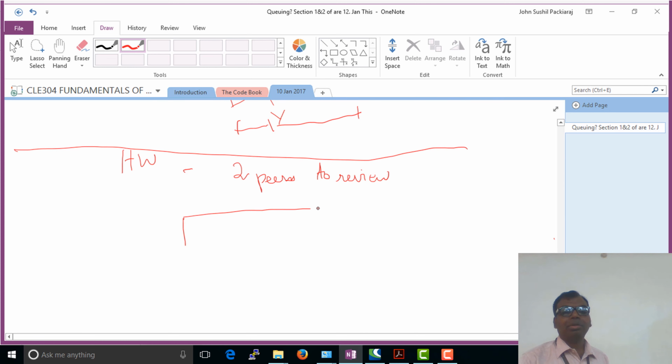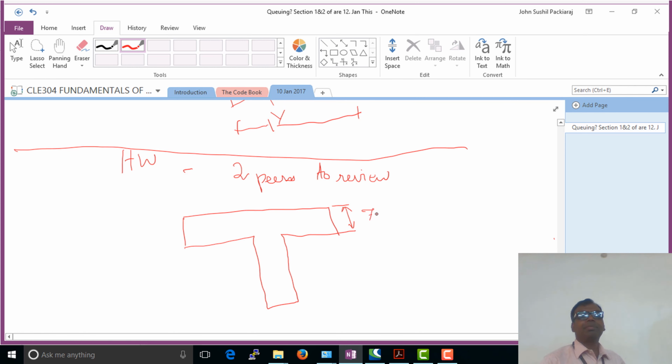So this is a T section, and this distance will be 75 mm. What can I keep this length? 125 will be too small here.